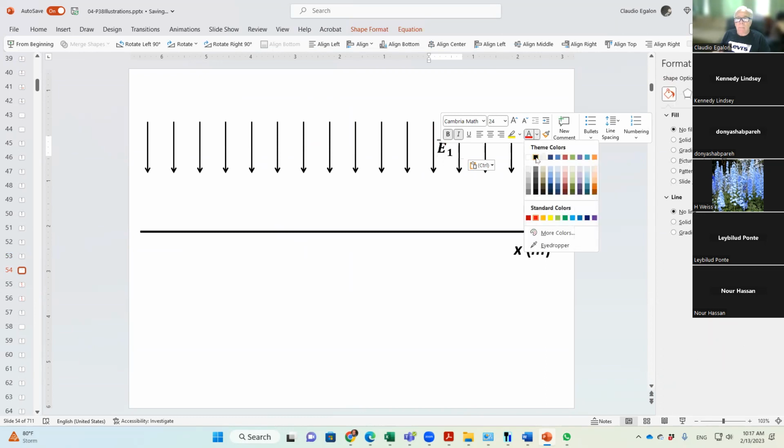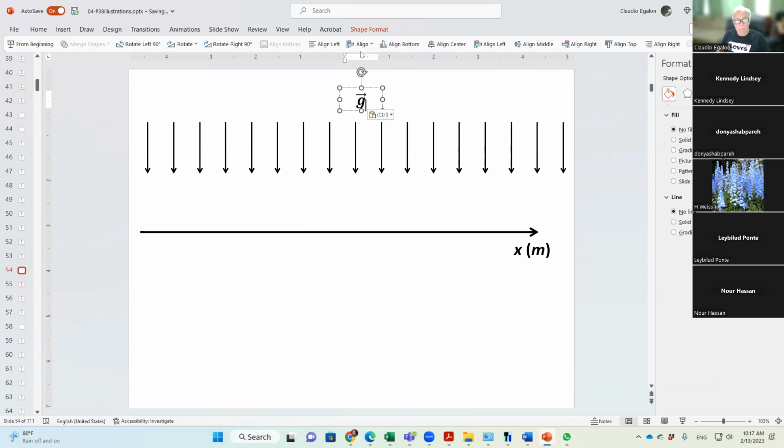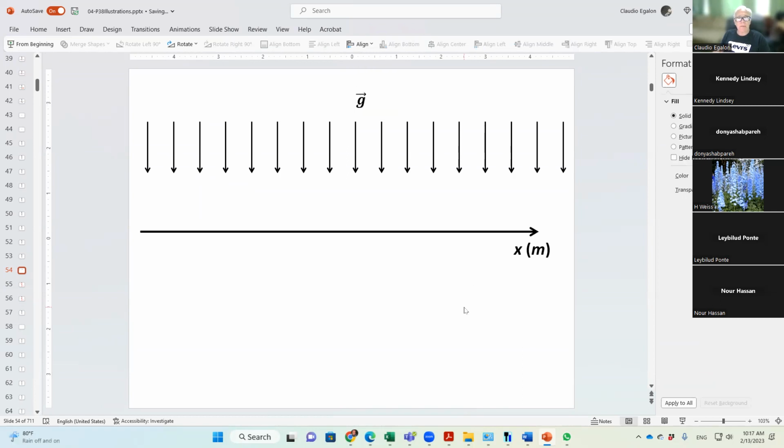I'm gonna make it black, but instead of E, I write down the little g, like that, acceleration of gravity. That's the mechanical analogous of the electric field. Okay, so here we go. Looking better now.